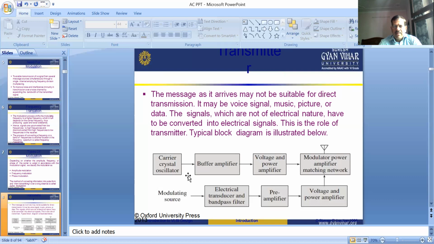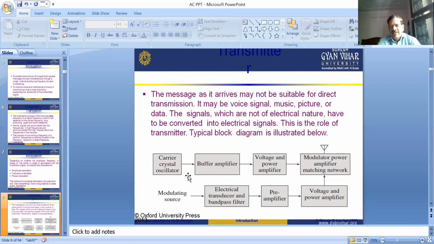The role of the power amplifier is to increase the strength of the signal received from the buffer amplifier. Next, after the power amplifier, the signal is transmitted to the modulator power amplifier matching network.